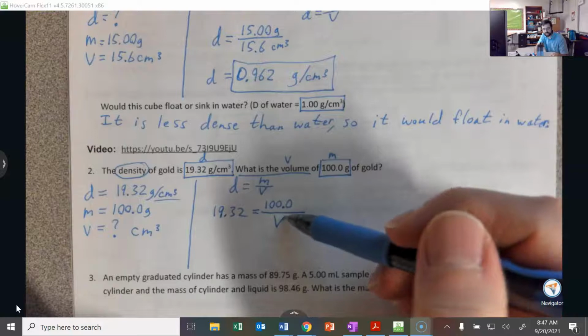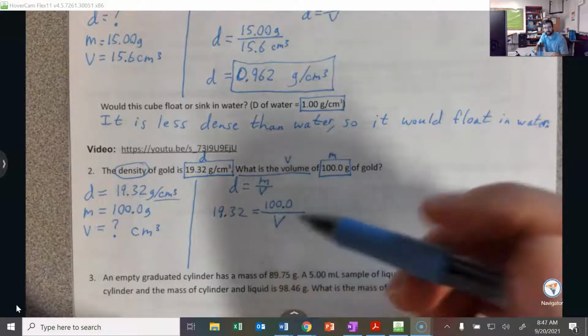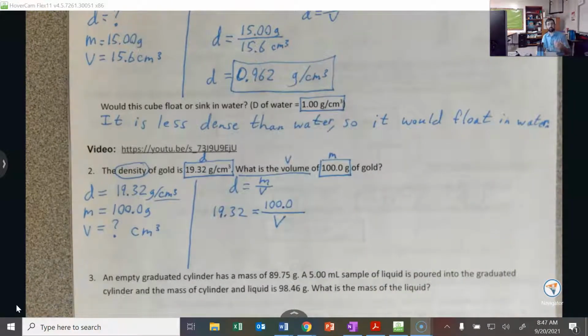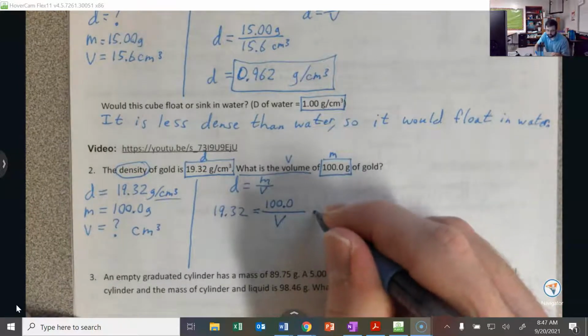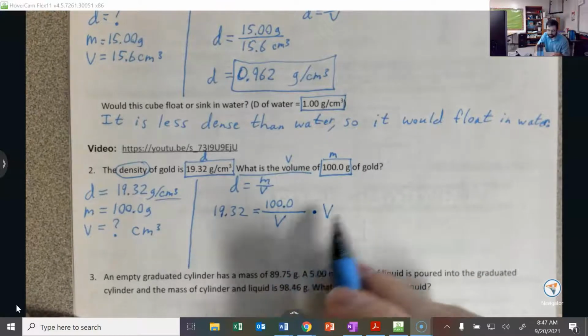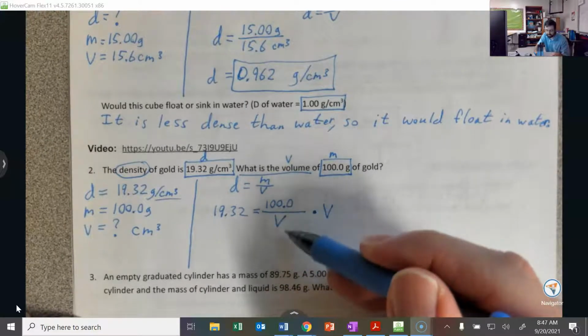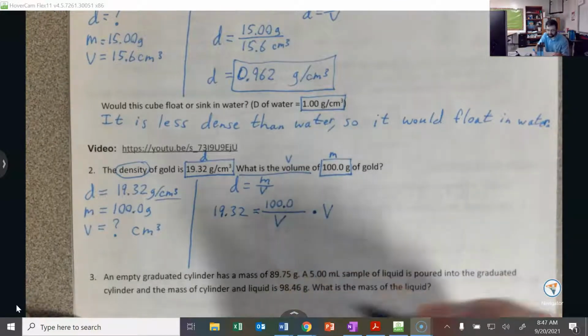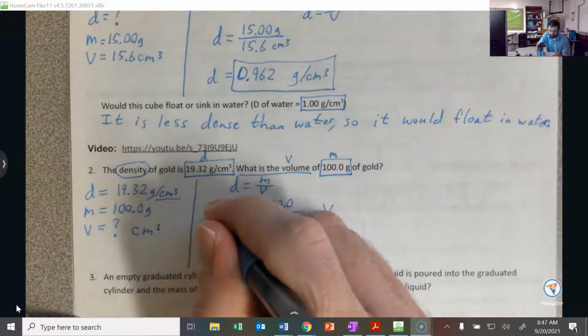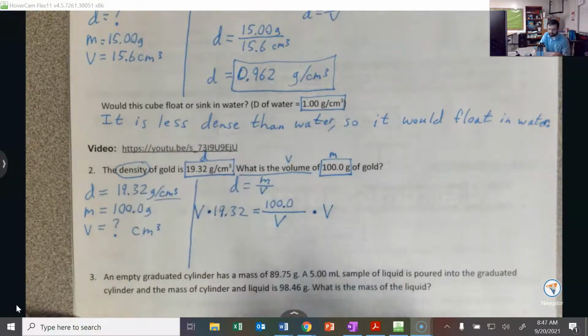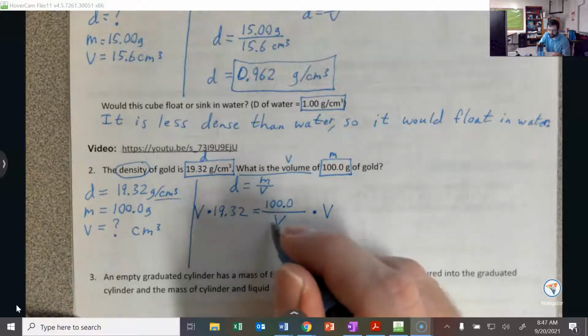So I have to get that out of the denominator somehow. The only way to do that is to multiply by V on both sides. I'm going to multiply by V because I'm doing the opposite of what's happening right now. It's division. The opposite of division is multiplication. It's the opposite operation.